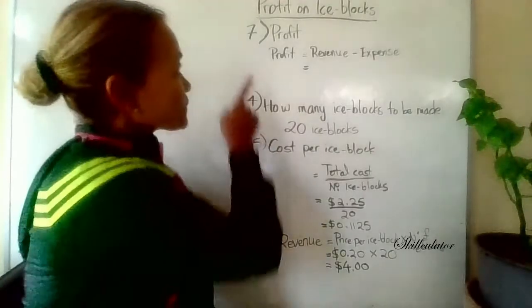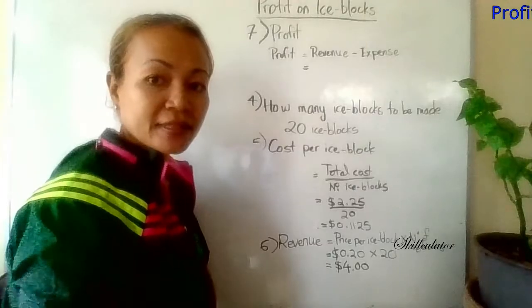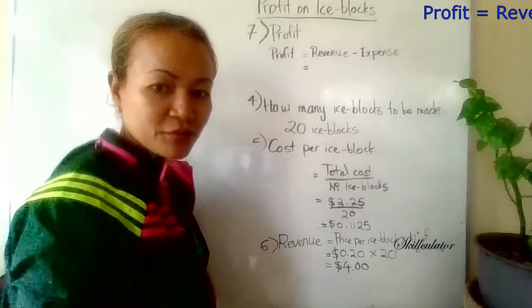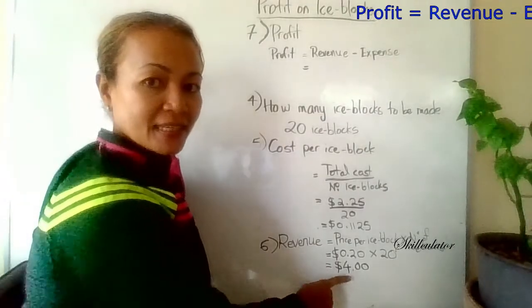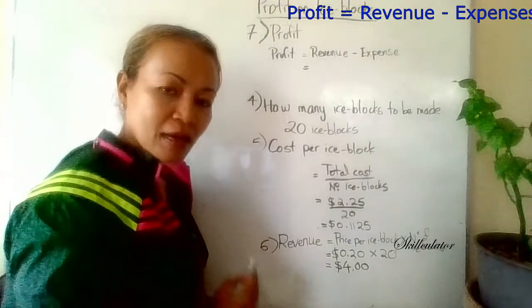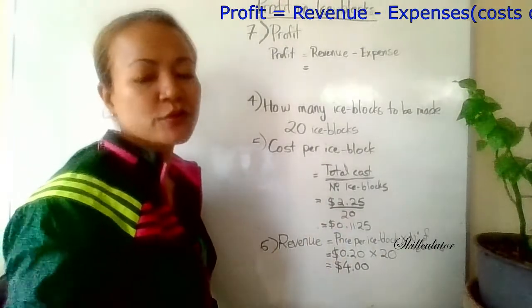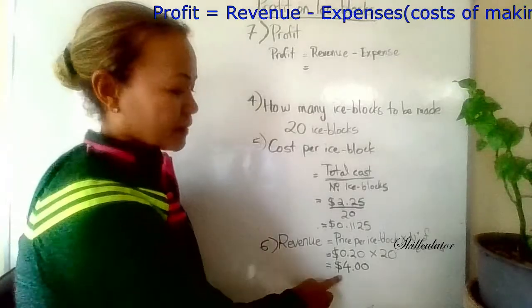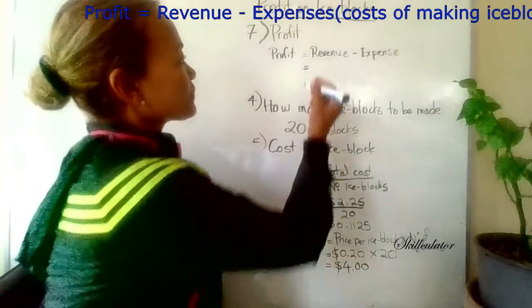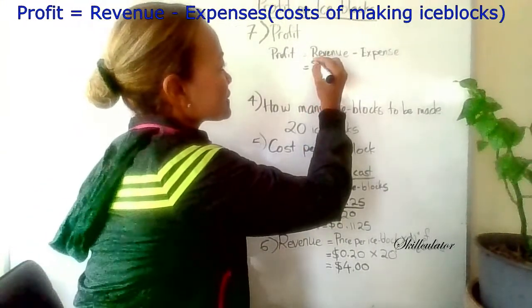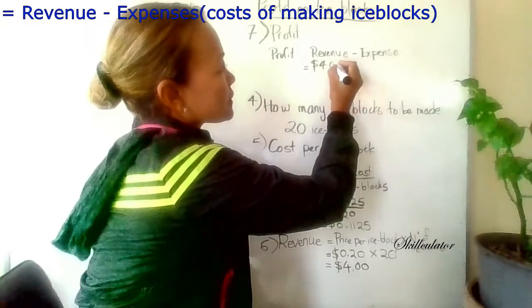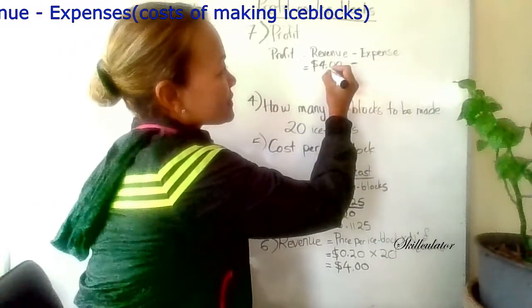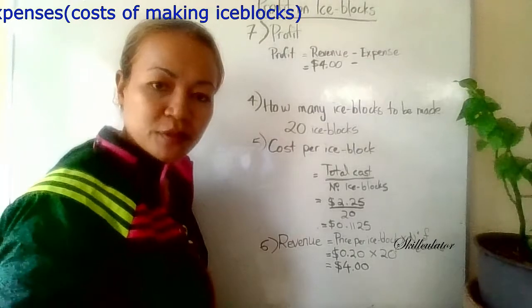Okay, so the last number now is calculating the profit. The profit equals the revenue, which we've just calculated here, and we're talking specifically about the revenue just from those 20 ice blocks. $4, right? We'll put it up here. Revenue is $4 minus expense. What are we talking about here?